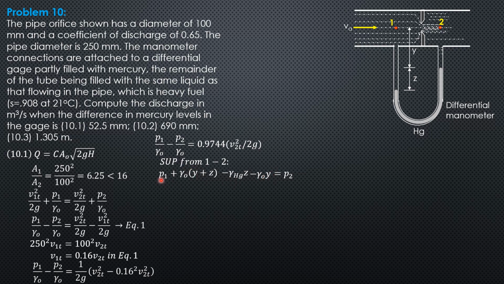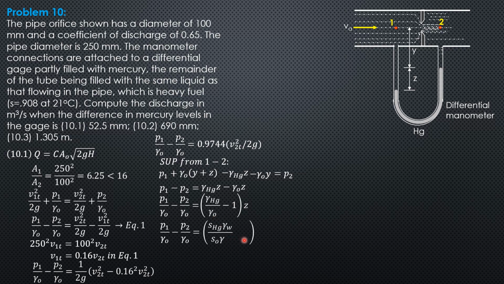So transposing, P1 minus P2 equals gamma of mercury times Z minus gamma of oil times Z. Dividing everything by gamma of oil and factoring out Z on the right side, we have P1 over gamma of oil minus P2 over gamma of oil equals quantity gamma of mercury over gamma of oil minus 1 times Z. Since the specific weight of mercury is the specific gravity of mercury times gamma of water, and the specific weight of oil is the specific gravity of oil times gamma of water, we can cancel gamma of water.